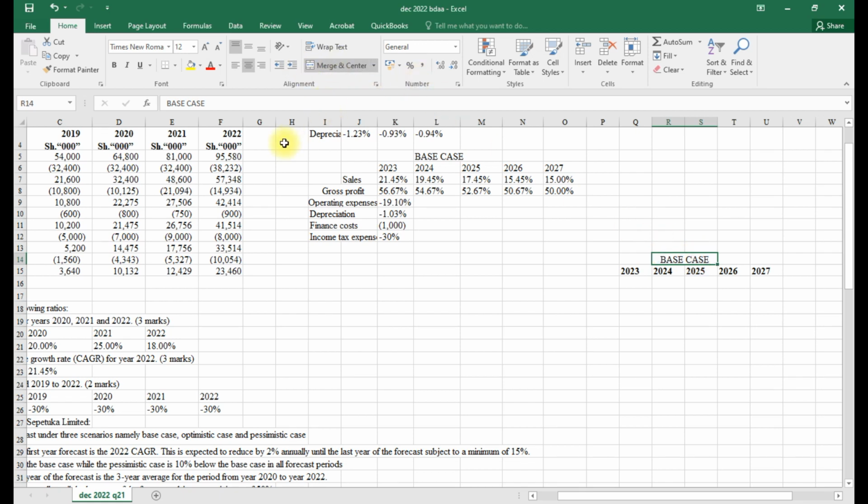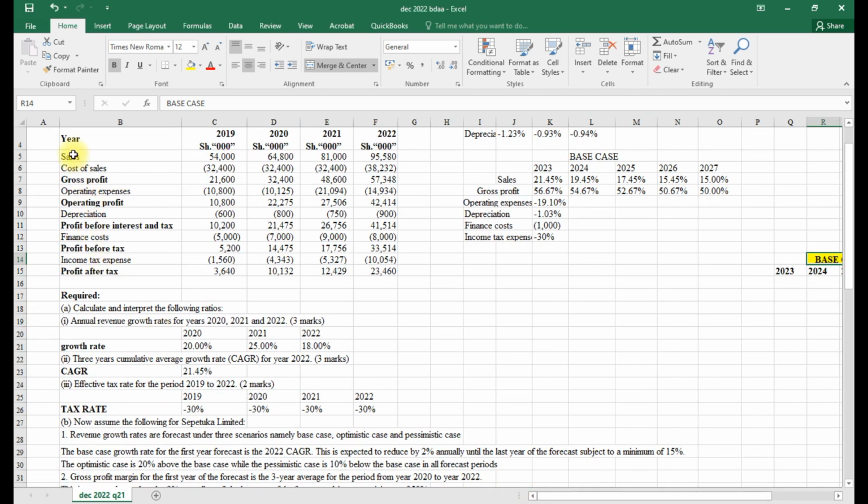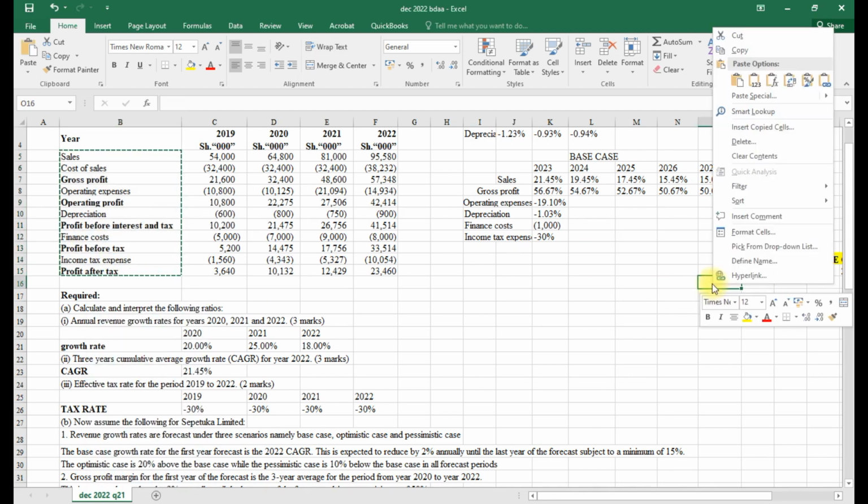So the base case, I can use a different color, and I can bold that, and I will copy the items in the income statement here. I will copy this, I paste it here.